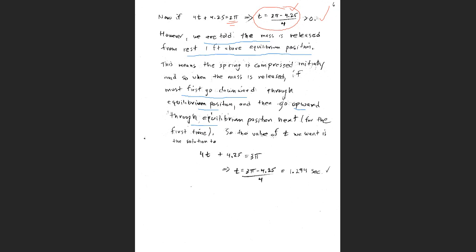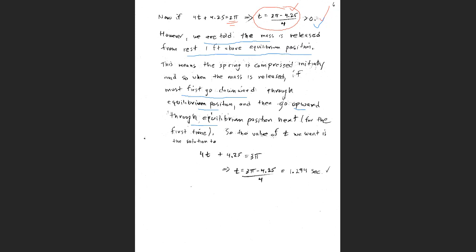So this means that this time here, 2 pi minus 4.25 over 4, is not the right time. That would be the time that the mass passes through equilibrium going downward the first time.